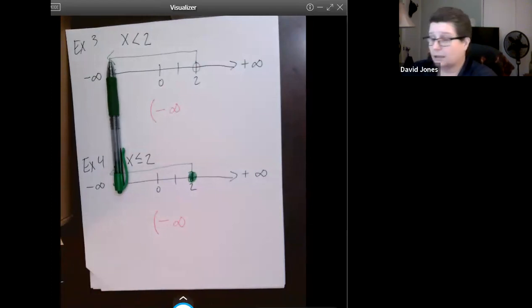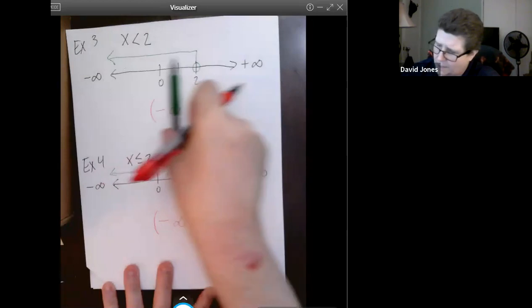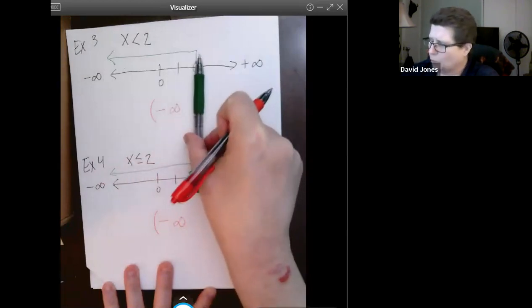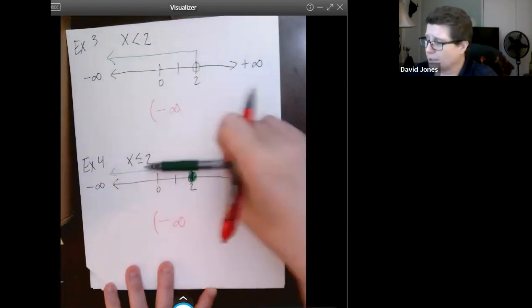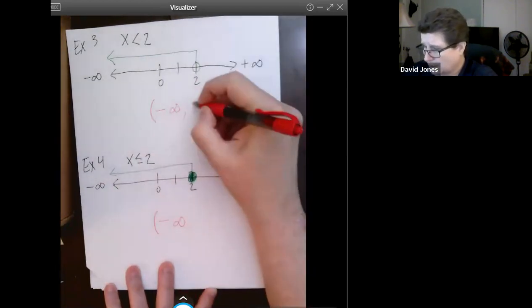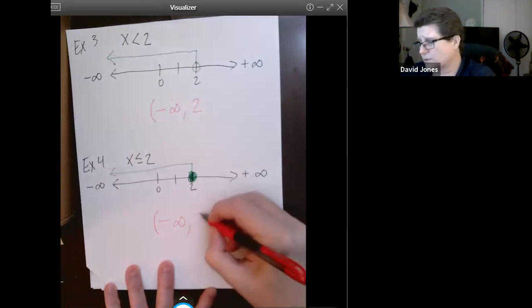Brackets mean include. Parentheses mean don't include that value in the solution. And we keep moving our pen and the pen gets to the 2. Once it gets to 2, we stop shading. So that's our cutoff point. We use comma 2.